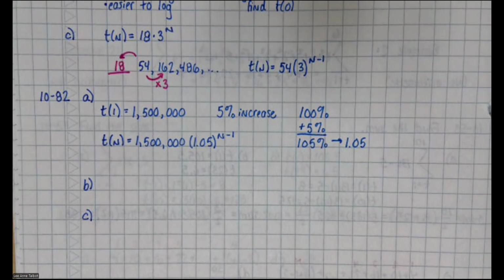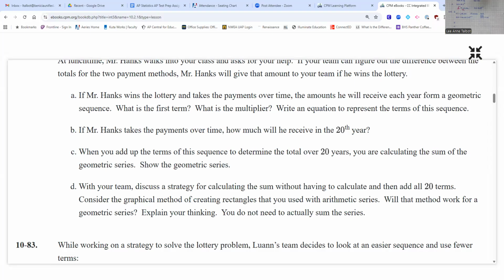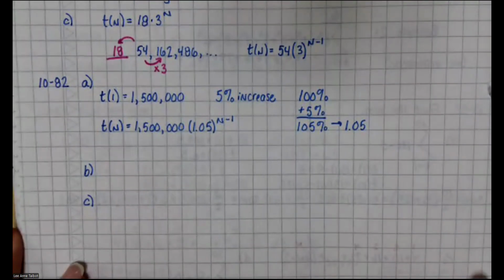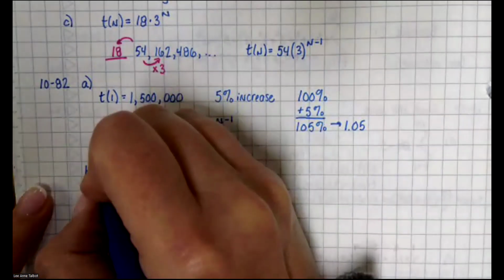If Mr. Hanks takes the payments over time, how much will he receive in the 20th year? What should I do? Plug in 20.